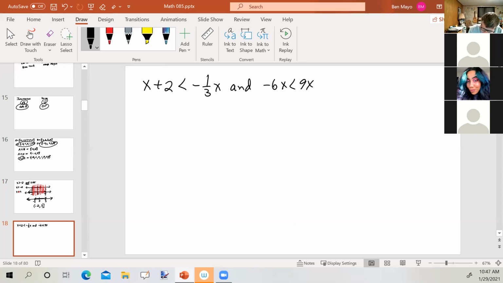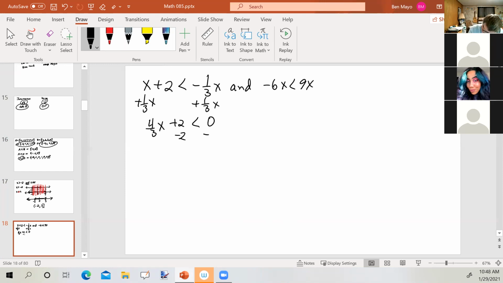On the first inequality, x plus 2 less than -1/3 x, I'm going to add 1/3 x to both sides. So that will give me 1 1/3 or 4/3 x plus 2 less than 0. We okay with how I got there? 1x plus 1/3 x is 1 1/3 or 4/3 x.